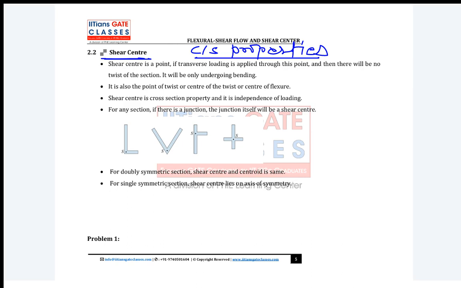Getting my point? So shear center is a cross-sectional property, meaning it is independent of loads and material.